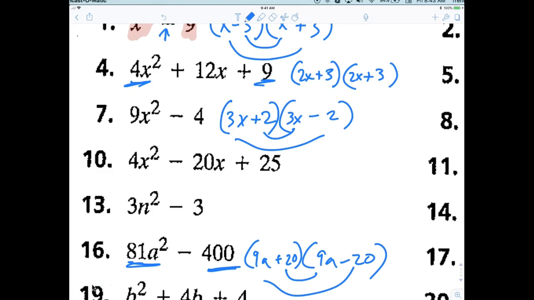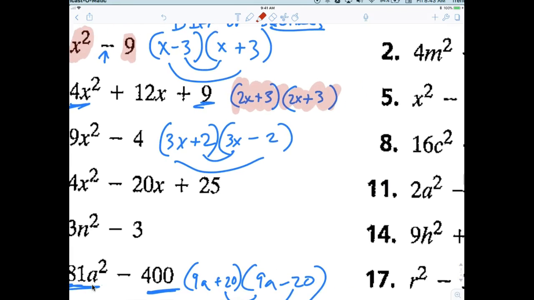It just so happens that today it's called a perfect square because the two factors are exactly the same. Now, for those of you who want to be really smart, you would write that as 2x plus 3 squared. I don't think it's necessary, but in a book they would write it as 2x plus 3 squared.